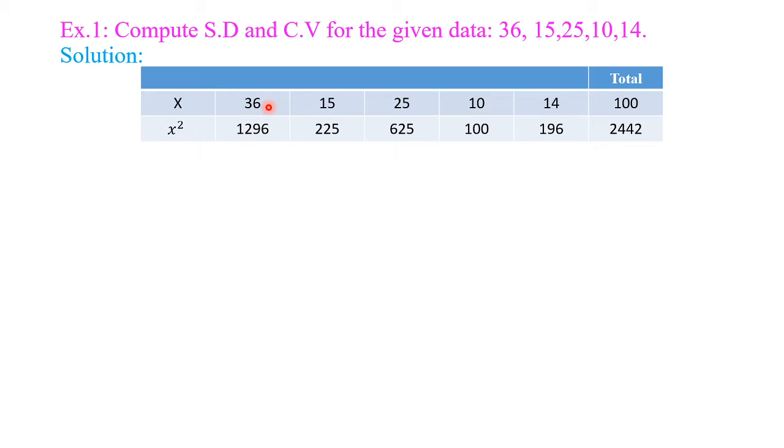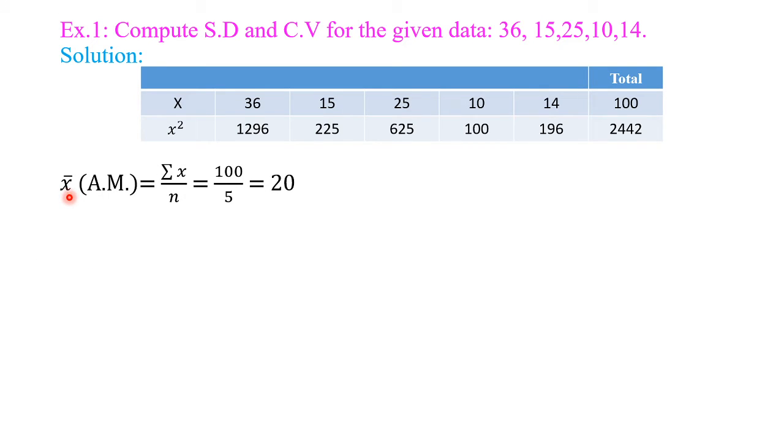So 36 square is 1296, 15 square is 225, 25 square is 625, 10 square is 100 and 14 square is 196, and the total is 2442.